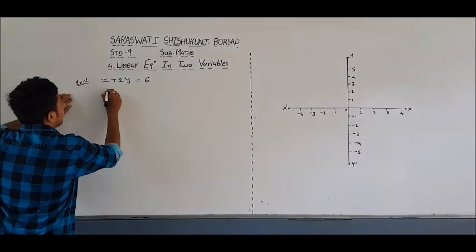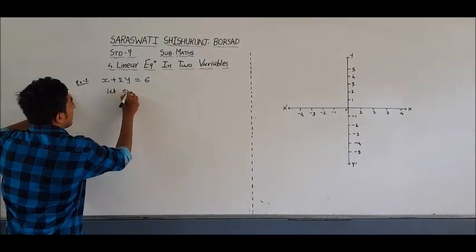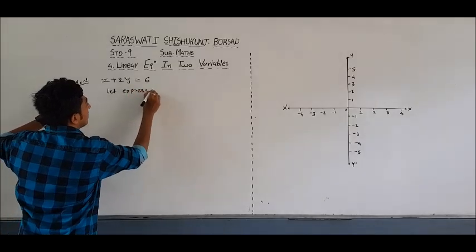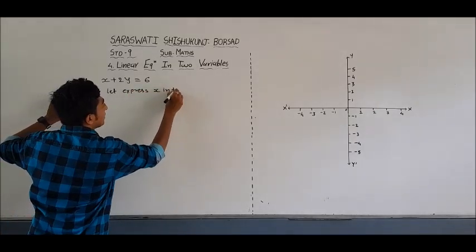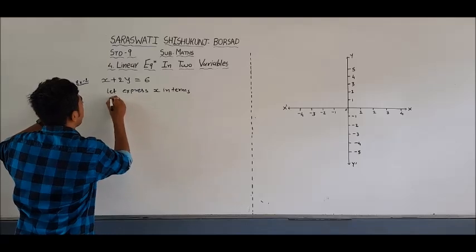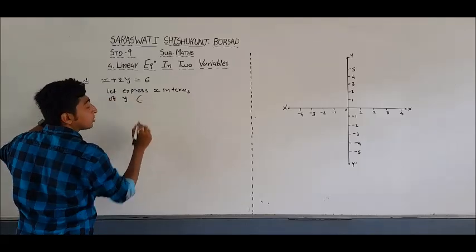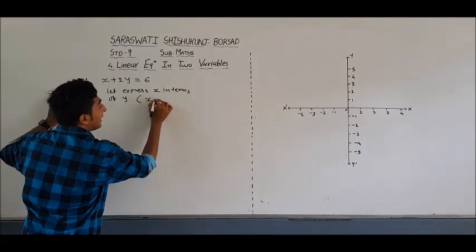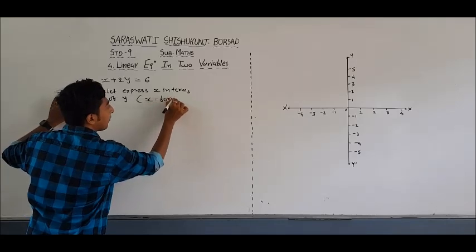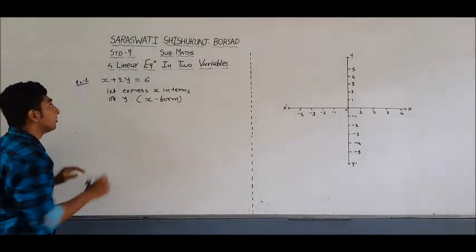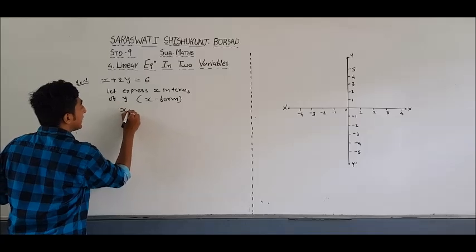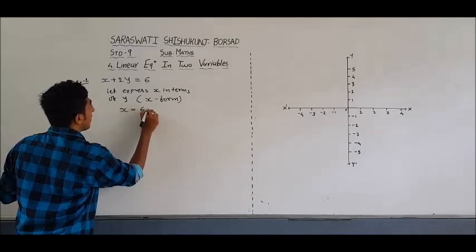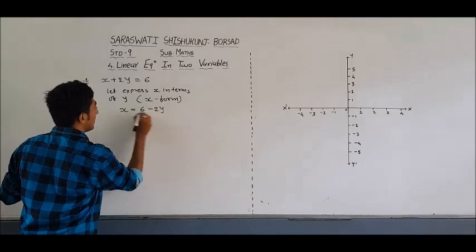So we can also say, find the x form. So x equal to 6 minus 2y.